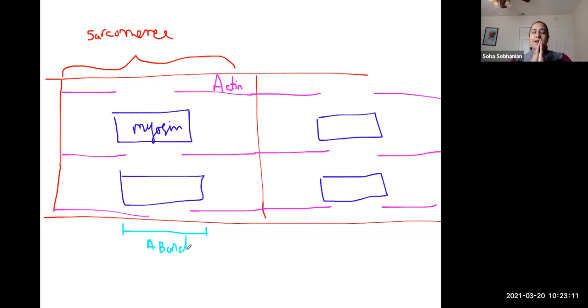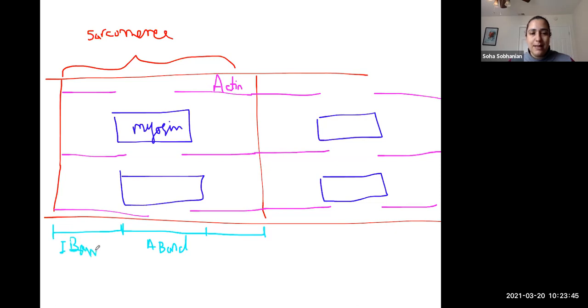So the area where we have myosin, the length of your myosin, is called the A band. The areas where I only have actin, or thin filaments, from here to here and from here to here on either side, are called the I band.